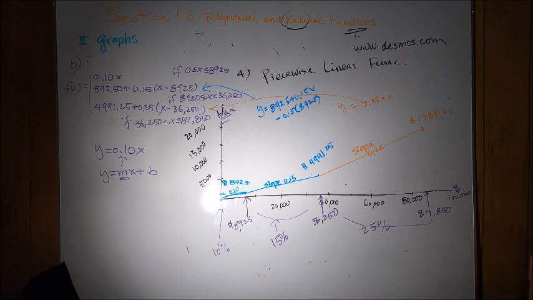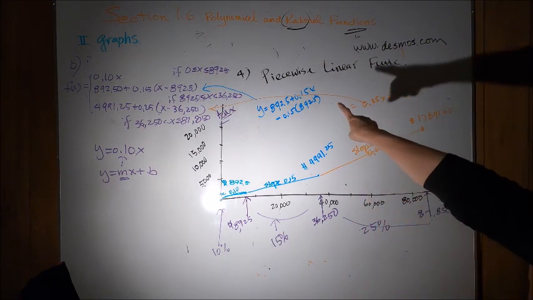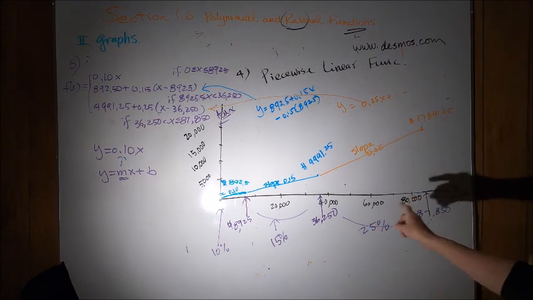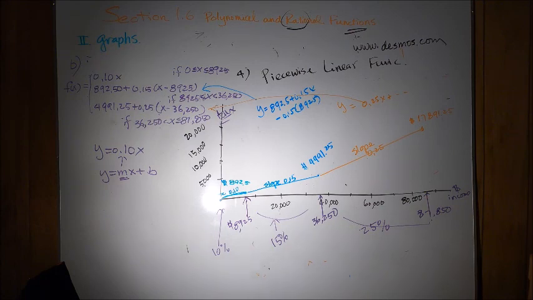So that's for your section 1.6. We are talking about polynomial functions and rational functions, then also linear functions, including piecewise linear functions. That's how we do the federal income tax. That will be your section 1.6.